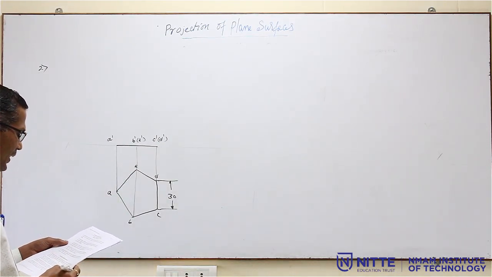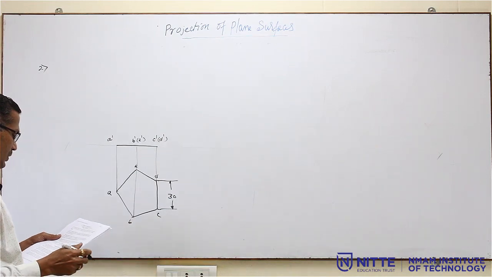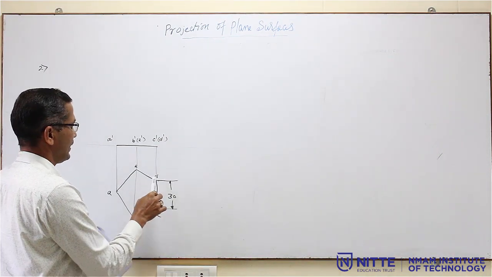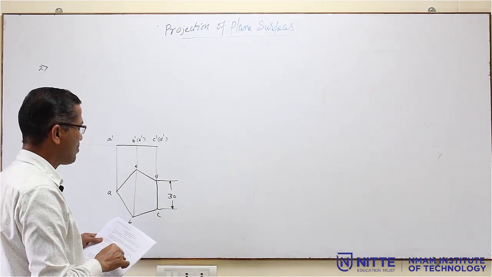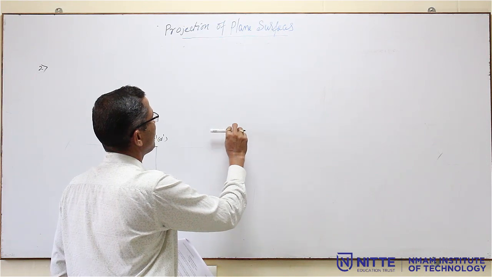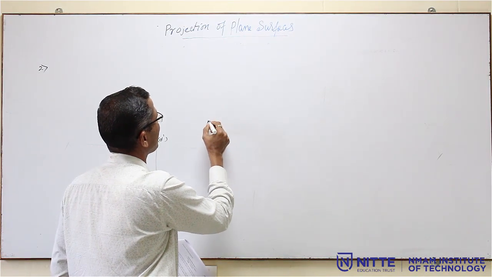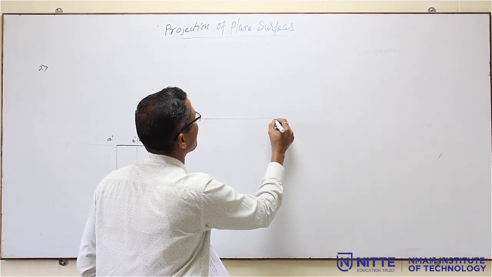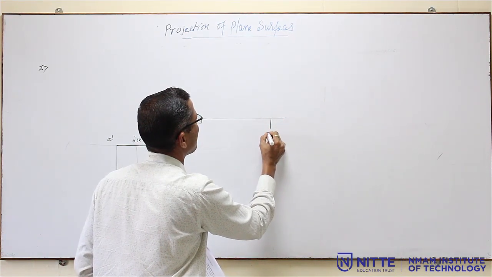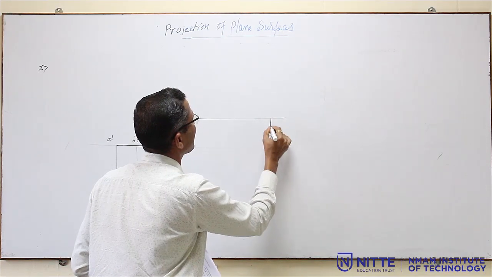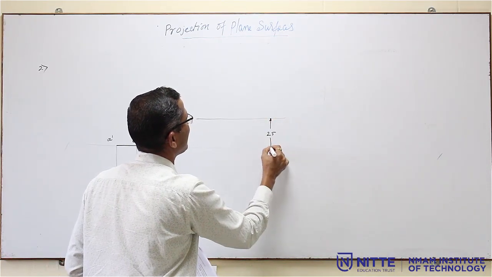Now, the second condition is the edge opposite to this corner, that is CD, is 25 mm above HP. So, from the XY line, you draw a light line at a distance of 25 mm. From the XY line, a light line you have to draw.